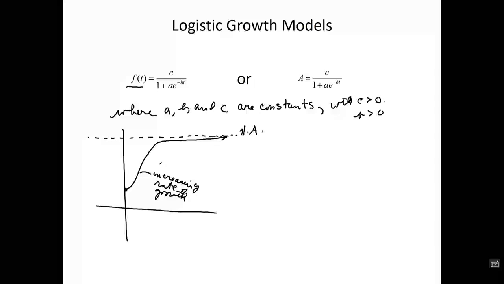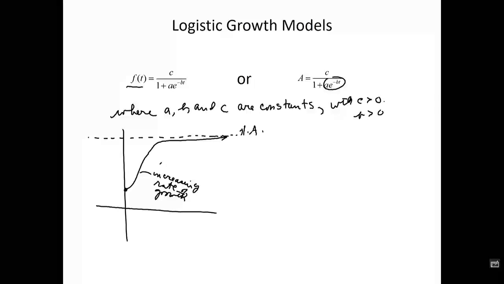All right, so if we go back to the original function and consider what happens to the function as t increases, this term, a times e to the minus bt, approaches 0. So you have c over 1 plus 0, so f is actually getting closer and closer to c.